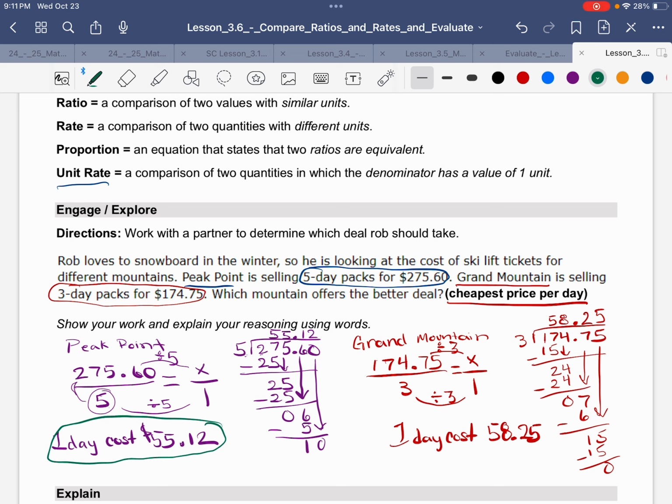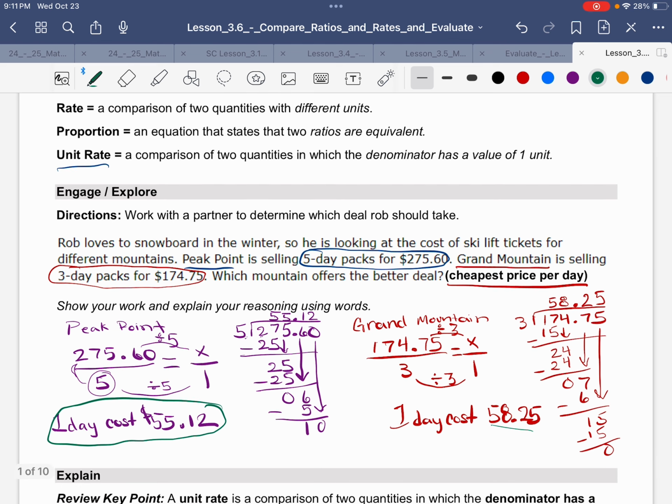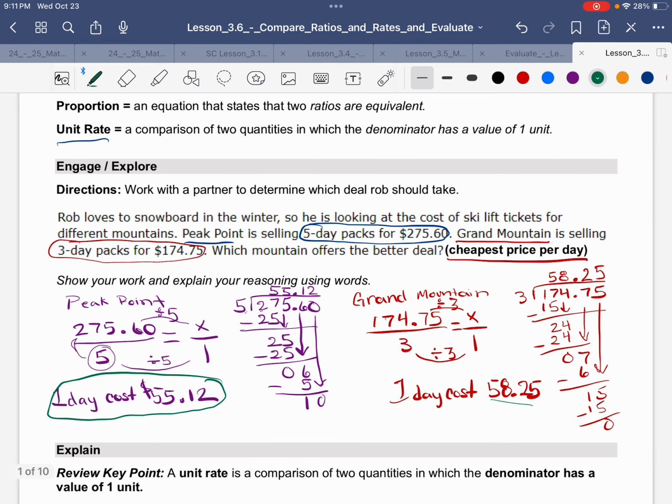It's $55.12, where this one over here is $58.25. So that's how you find the best value when you're working with some of these problems. You can use the unit rate to compare the best value.